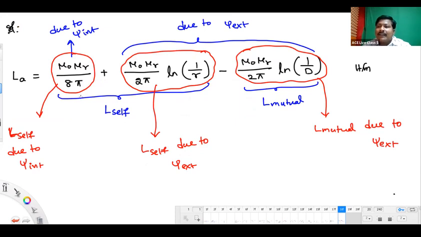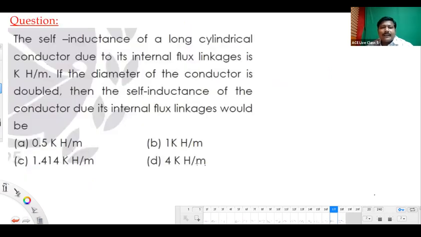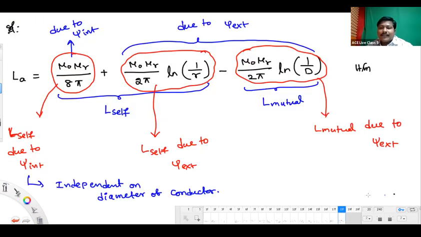It is independent of the diameter, or radius, of the conductor. So your answer remains K only. The correct answer from the options is obviously B: it remains K.